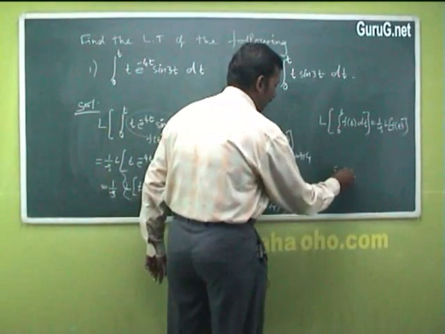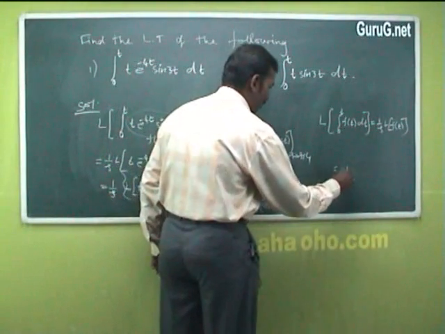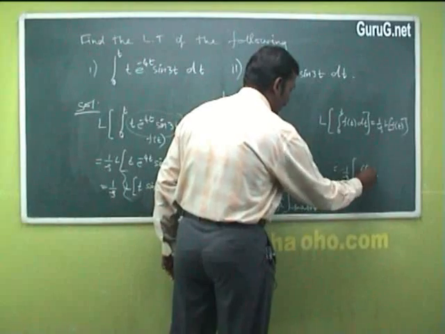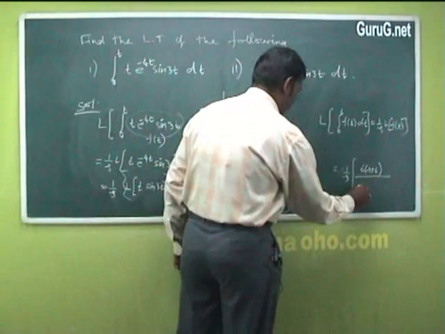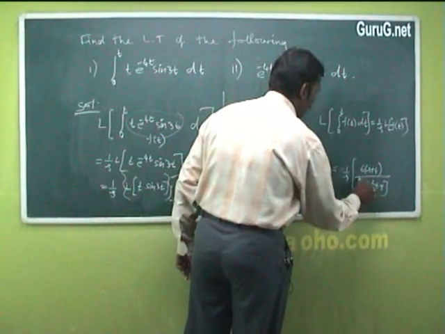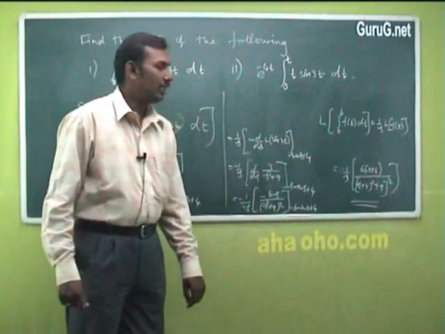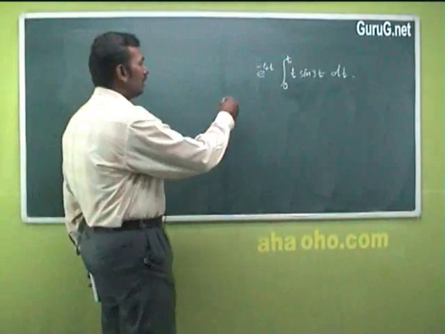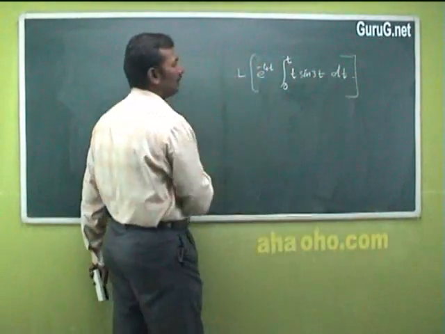So it is equal to minus 1 by s, so minus minus plus, 6 into s plus 4 by s plus 4 the whole square plus 9 the whole square, which is the required result, right? Okay.